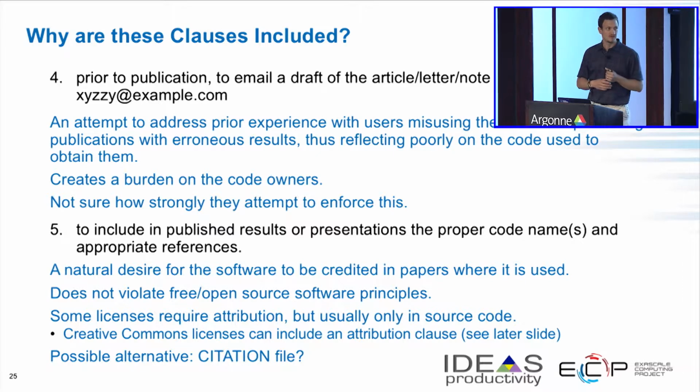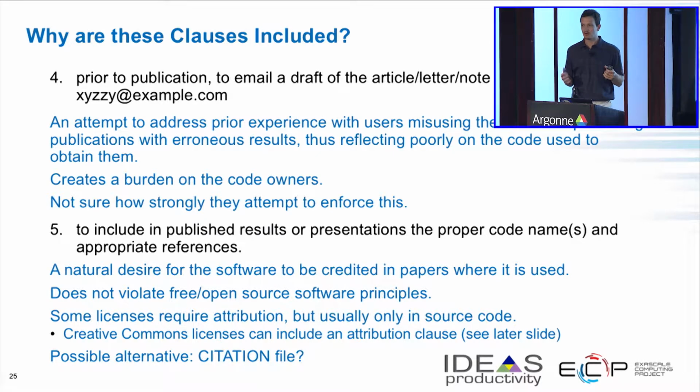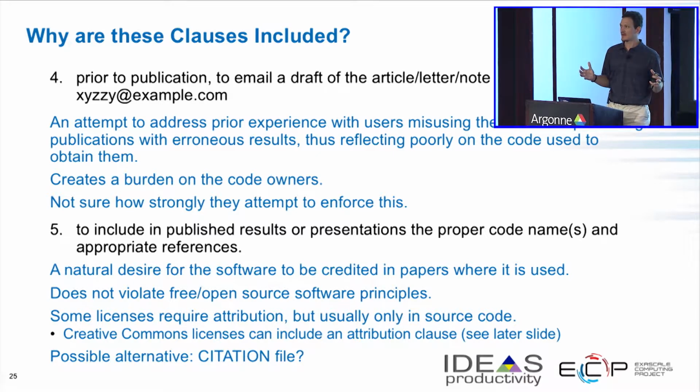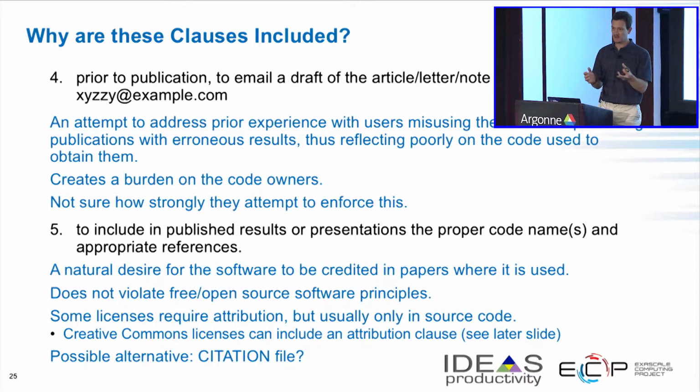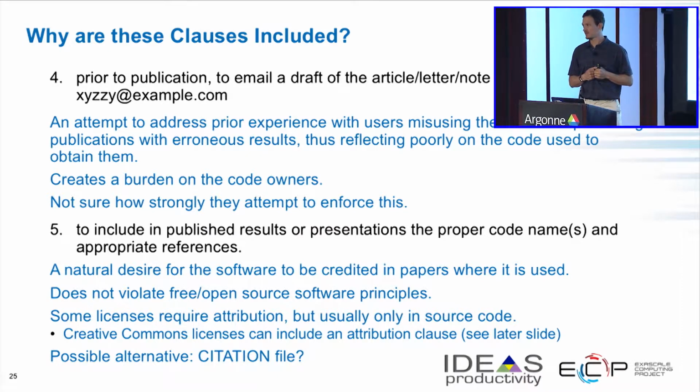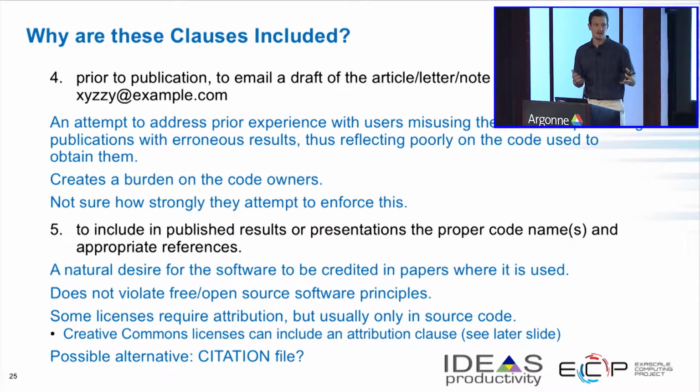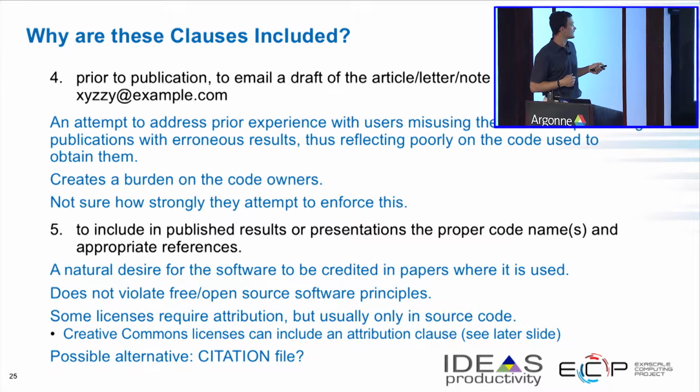So you could see that getting that out, the probability that a random reader looks at the configuration flags, and we talked about reproducibility a little bit earlier, they may not even see what all the configuration flags were. They may just see the performance results, who knows, depending on how reproducible it is. But the probability that a random person knows that that's not the right set of flags isn't that high. And so your code can get a bad reputation simply by people misusing it. So that might be a reason for something like number 4.